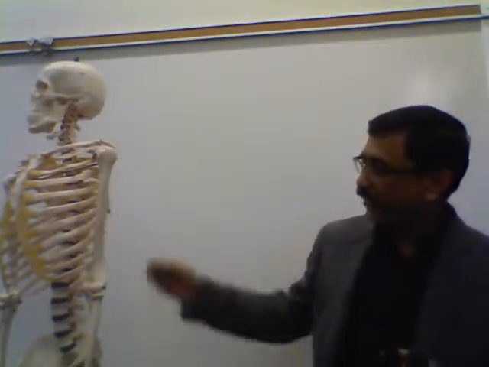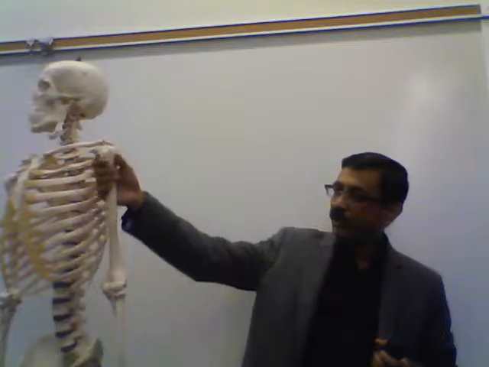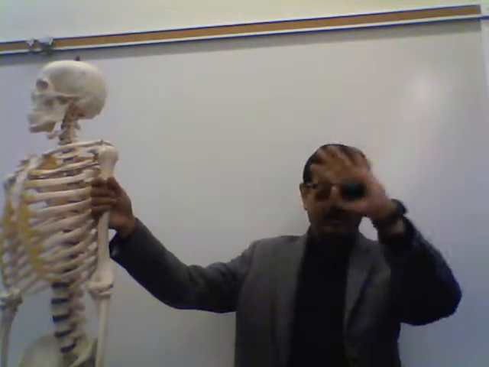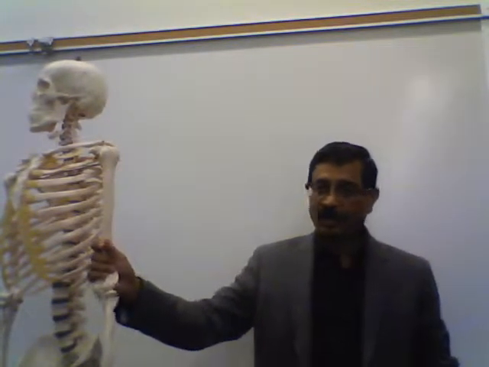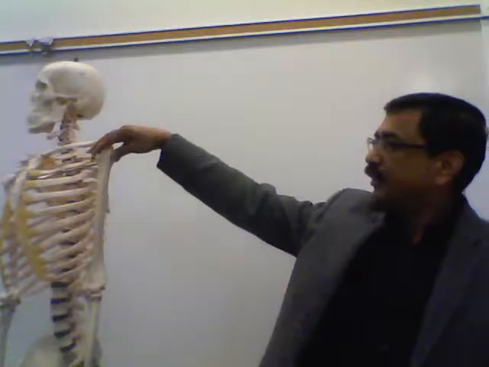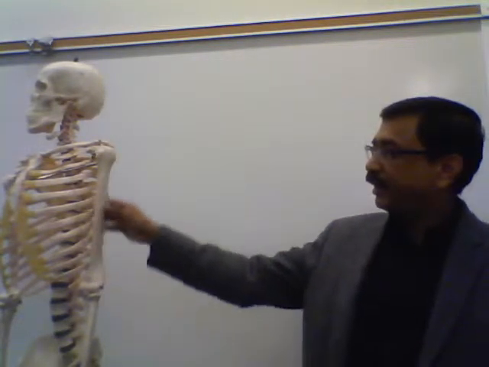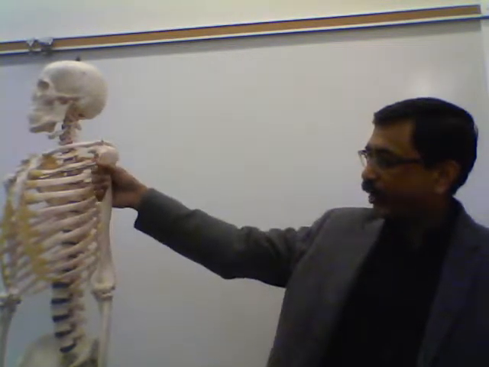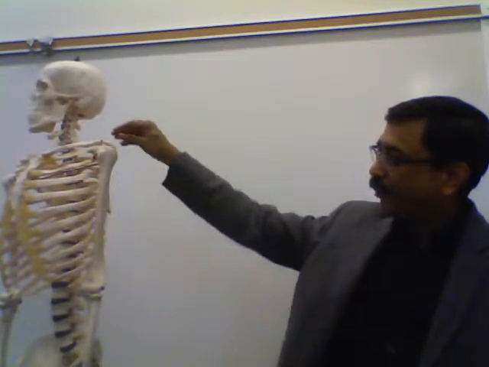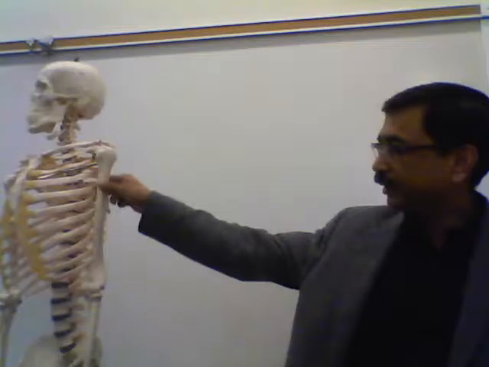First, we'll see the humerus. Humerus is the longest bone of the upper limb, not the body, the longest bone of the upper limb. And it has 2 ends and a shaft. The shaft is this part, and the upper end and lower end are connected by the shaft.